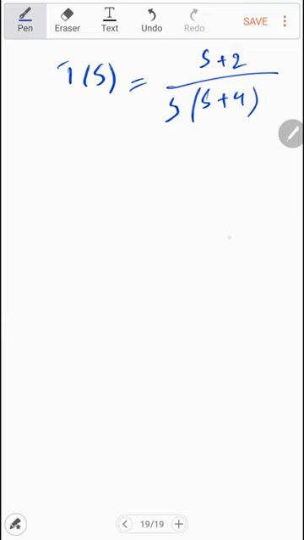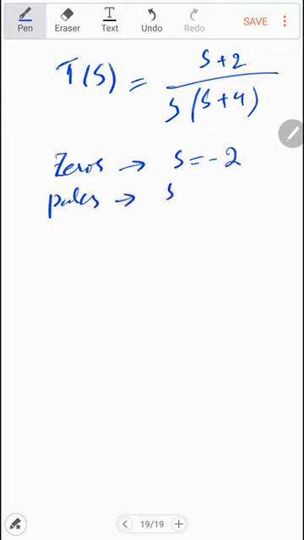It is already known. Those values of s for which the transfer function becomes equal to 0 are called the zeros of the system, and those values for which the transfer function becomes equal to infinity are called the poles of the system. So where are the zeros? The zero will be at s equal to minus 2. Where are the poles? Poles will be at s equal to 0 and minus 4. So we have the zeros and the poles.